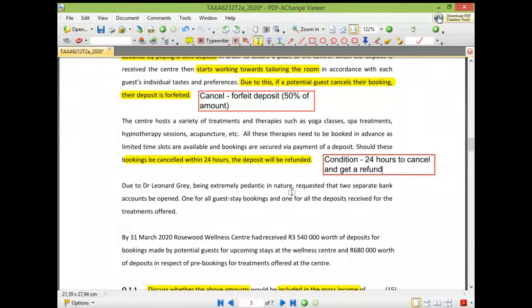Due to Dr. Leonard Gray being extremely pedantic in nature, he requested that 2 separate bank accounts be opened. The one is for the guest stay bookings, and the other one is for deposits received for treatments offered. So they've got 2 business accounts.